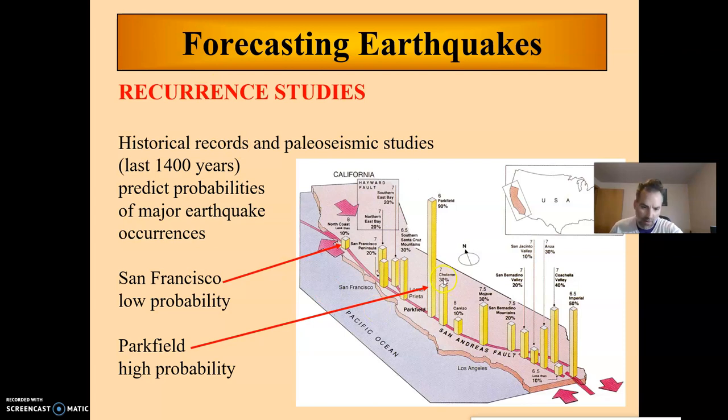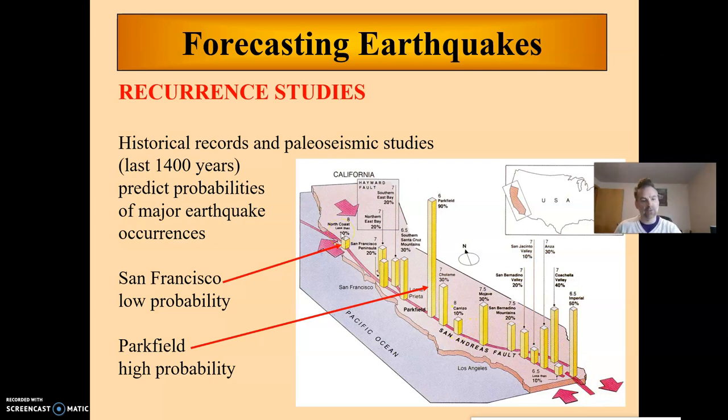It looks like the lowest probability is North Coast, less than 10%. But the highest probability is Parkfield, which is like 90%. And Imperial, California is at about 50%. So this is the San Andreas fault that runs through here.